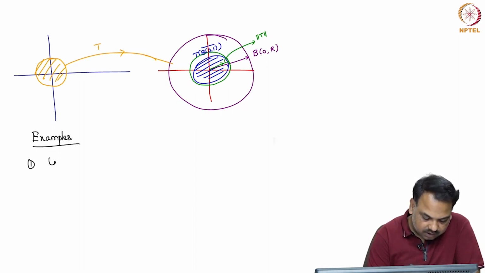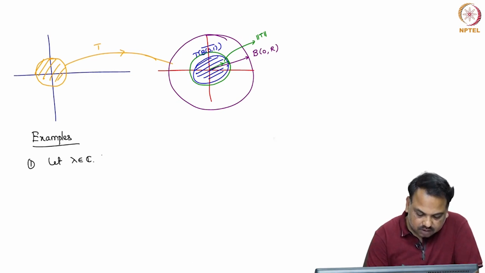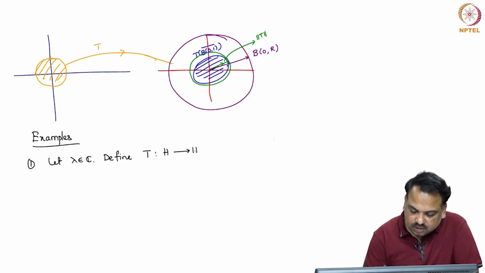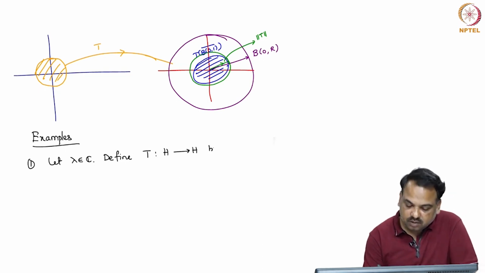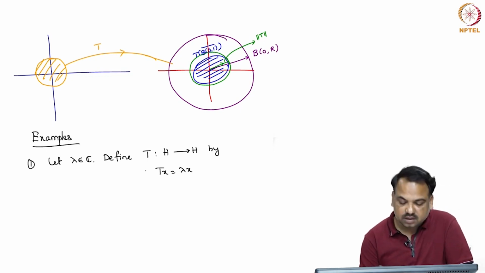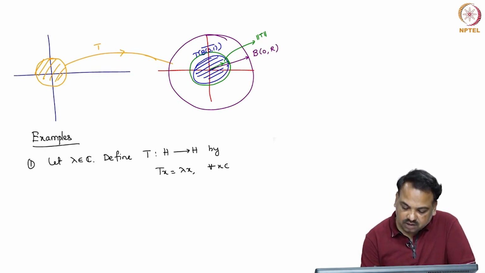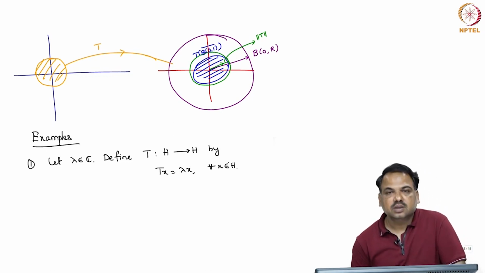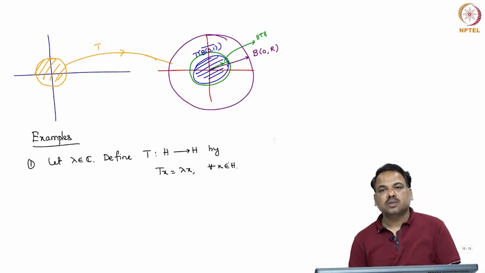The first one, let us fix a complex number lambda. Define T from a Hilbert space H into itself by Tx equals lambda x for every x in H. This is nothing but a scalar times the identity operator.